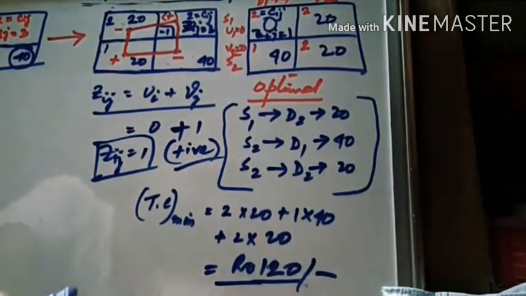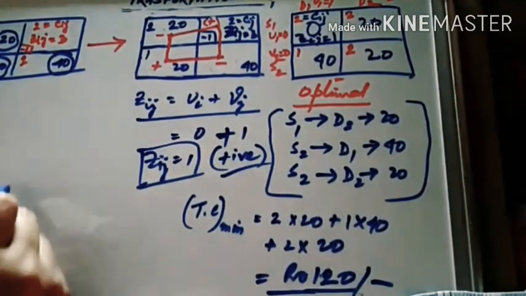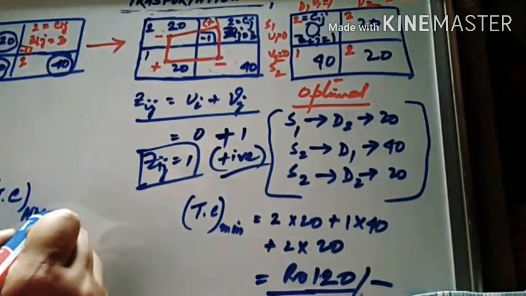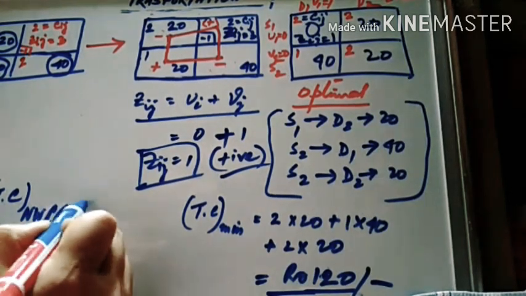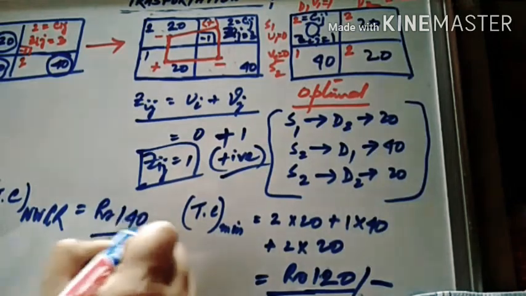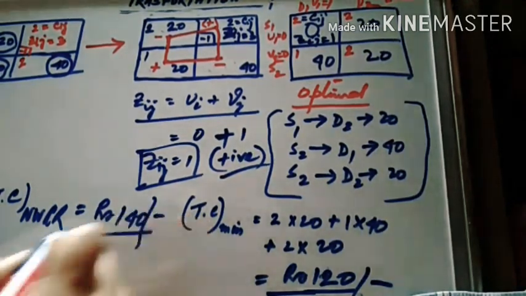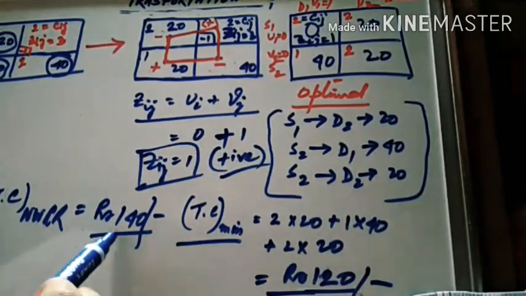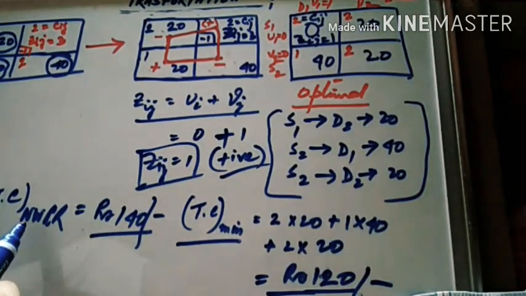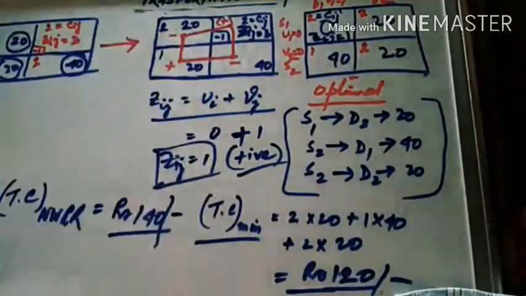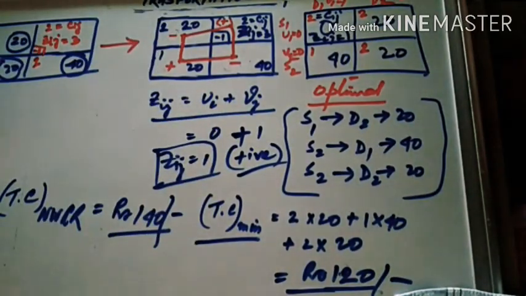But earlier we solved the same problem using the northwest corner method and obtained rupees 140. So you can see that from the optimal table we are getting 120, which is 20 rupees less than the northwest corner method. So this is all about the UV method or modification.